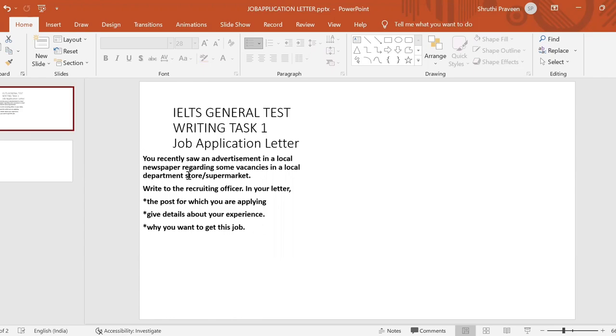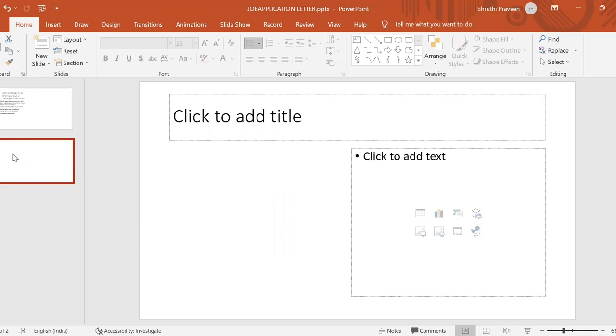In a Writing Task 1 General Test, when it's a job application letter, there are two things to keep in mind.